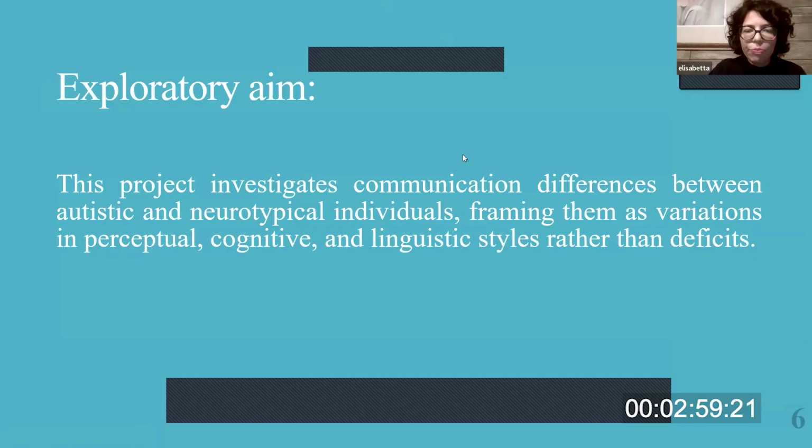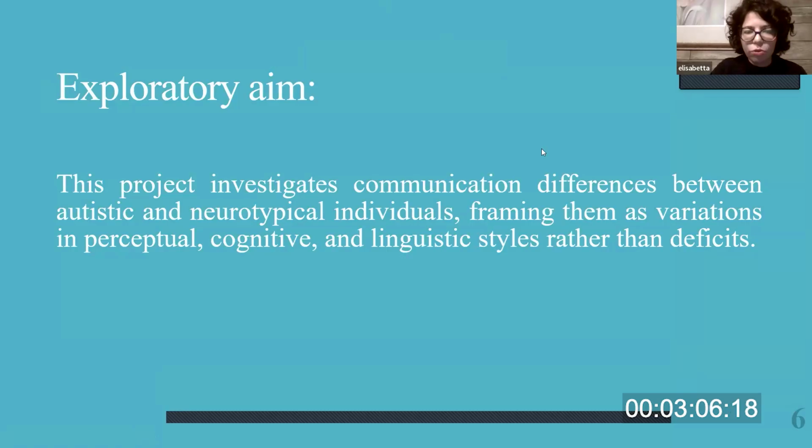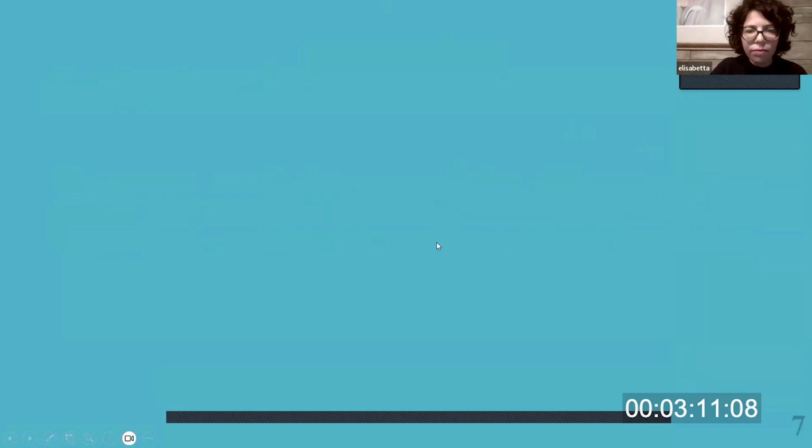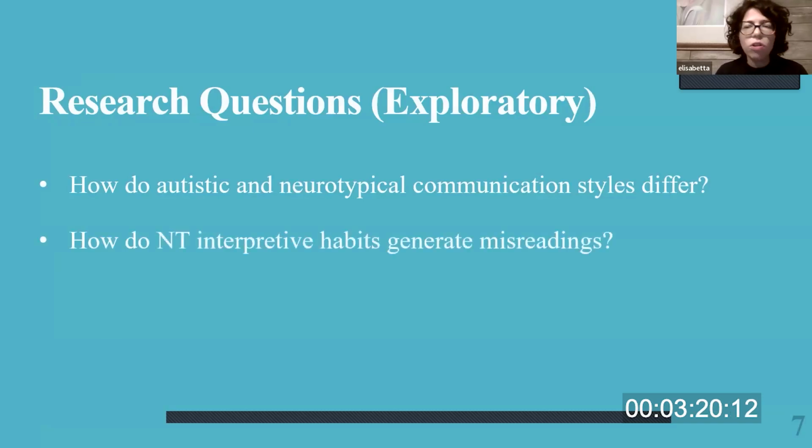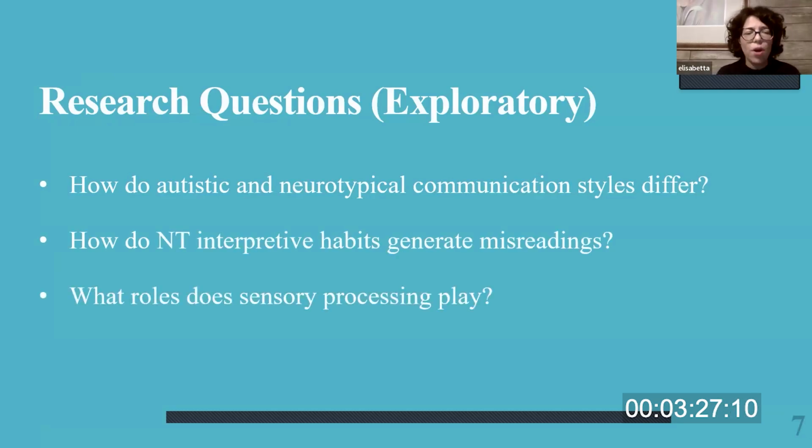So I have prepared a set of research questions related to the exploratory aim. The first one is, how do autistic and neurotypical communication styles differ? The second, how do neurotypical interpretive habits generate misreadings? And the last one is, what role does sensory processing play?